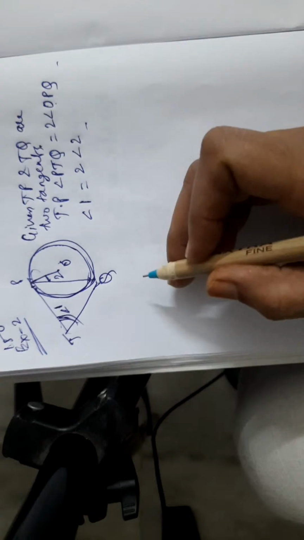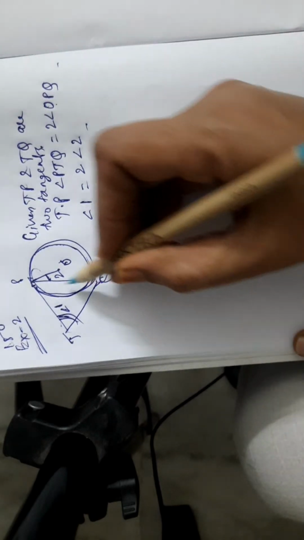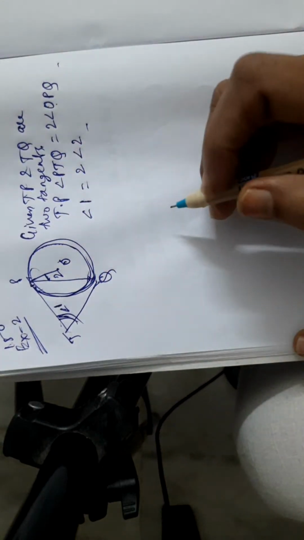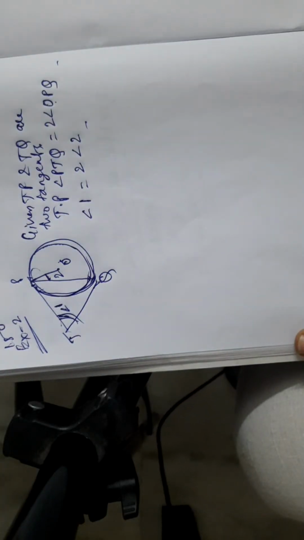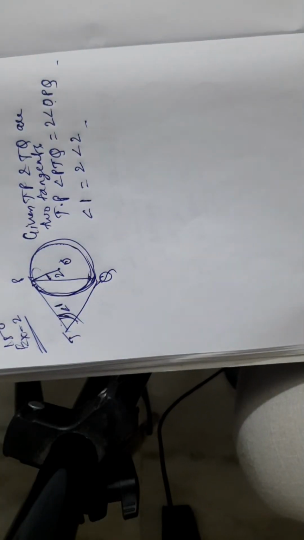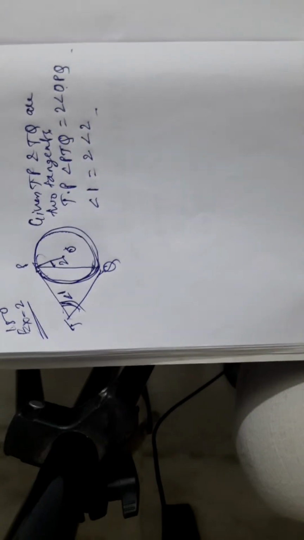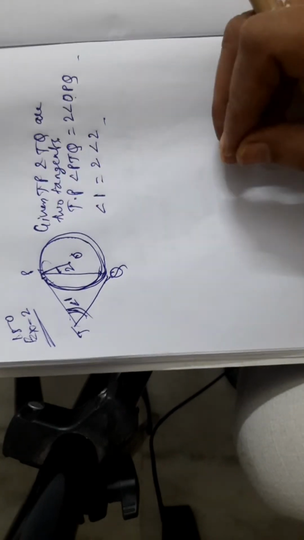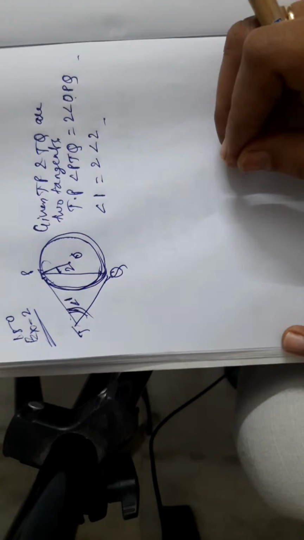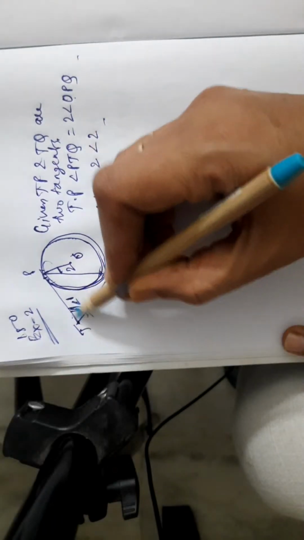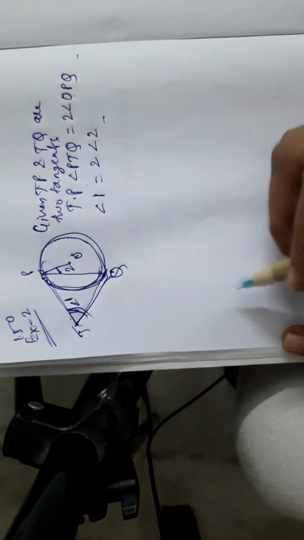As you are already familiar with the topic, tangents are equal from an external point, or tangents are equidistant from the external point. So these two tangents are equal.